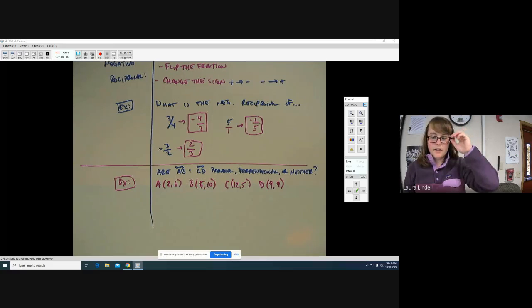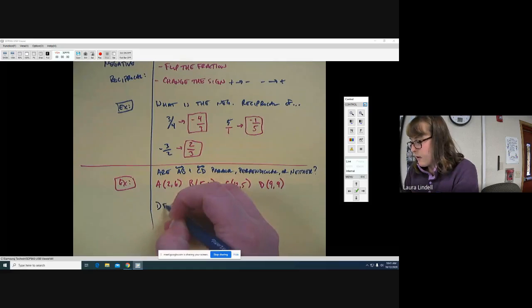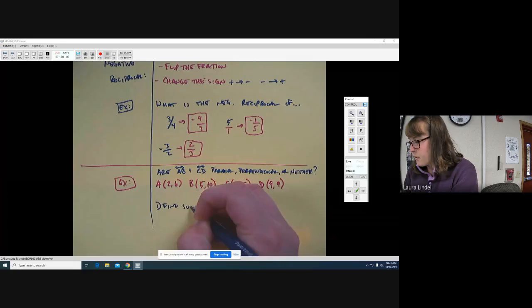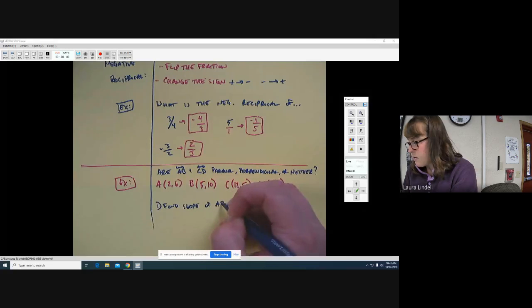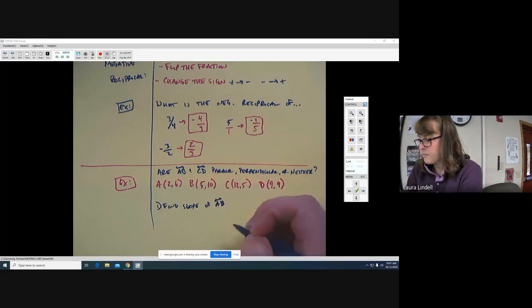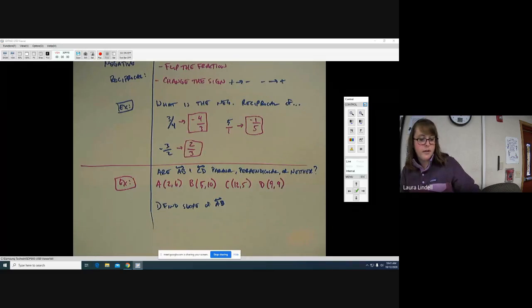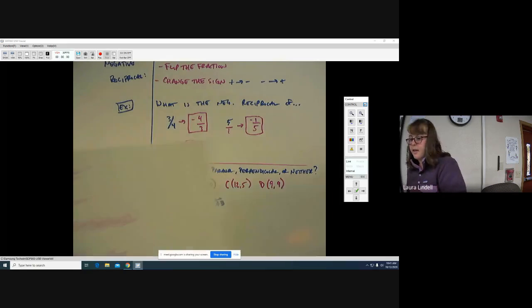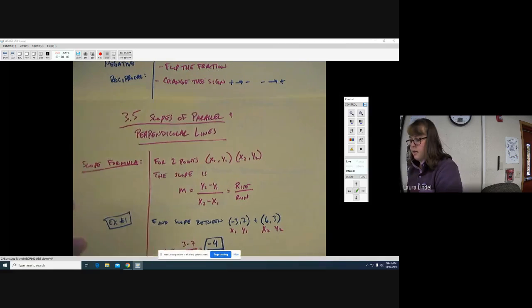Okay, so let's start by finding the slope of AB. So step 1, find slope of AB. Using our slope formula, if you don't remember what the slope formula was, take a look at the beginning of your notes again, where we had y2 minus y1 over x2 minus x1, that rise over run.